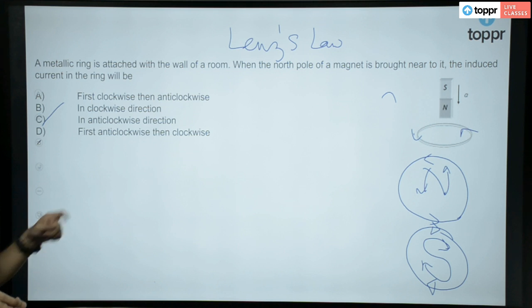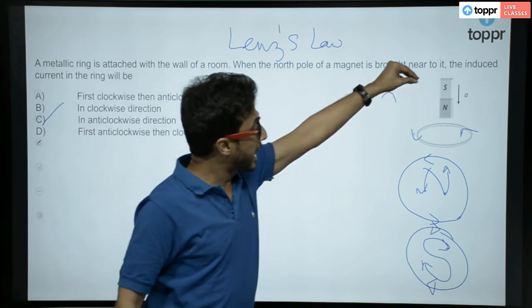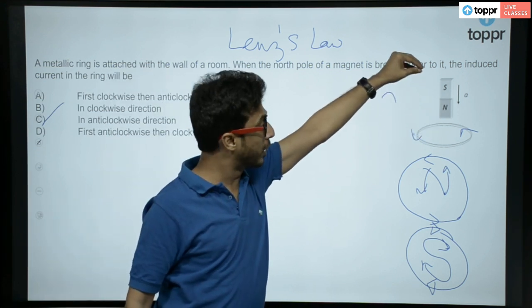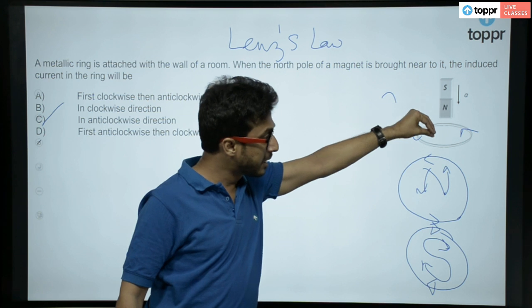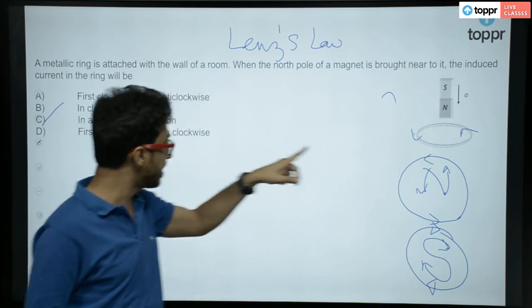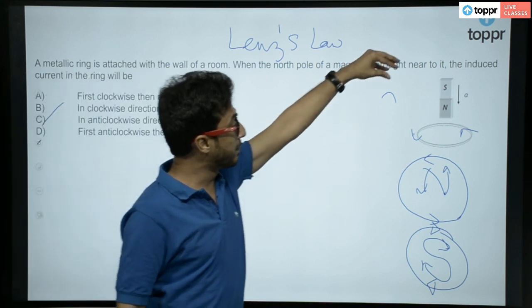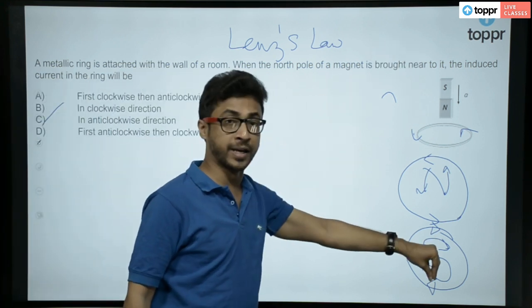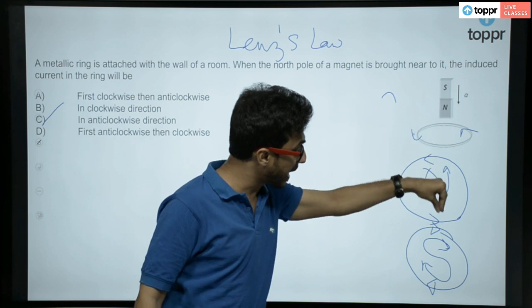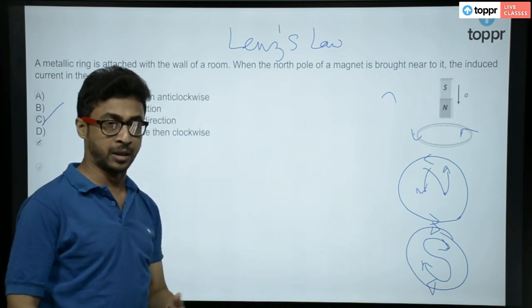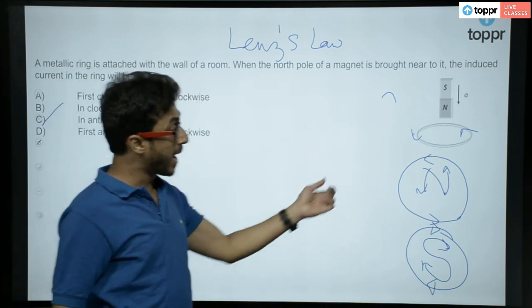How can we modify the question to have answers like this? If we only ask in which direction the current will flow if the magnet is taken near to the ring, then there is only one answer, right? Now if I say the magnet is taken across the ring, it is passing through the ring and going in the downward direction, then what will happen?